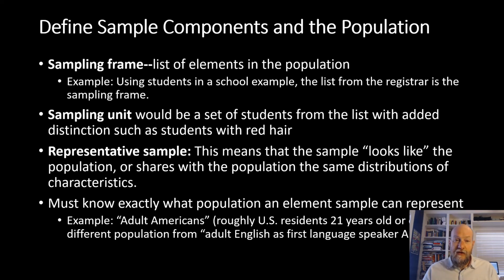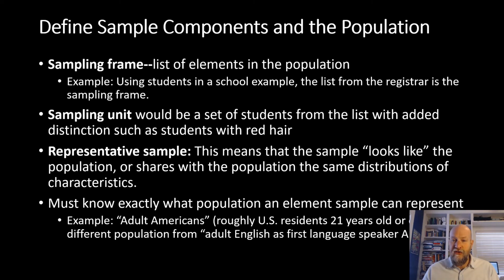The sampling unit then is the set of students from the list that have a particular distinction. I might not want to study every student on that list. I might have something specific. I might only be interested in freshmen, for example, versus upperclassmen. I may only be interested in men or women in my study. I may be only interested in students of color for something that I'm studying that has a sociological impact associated with that.